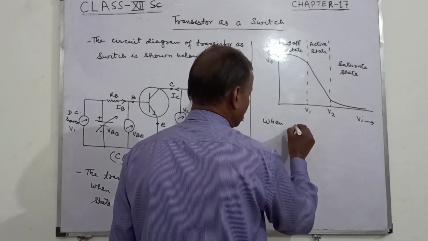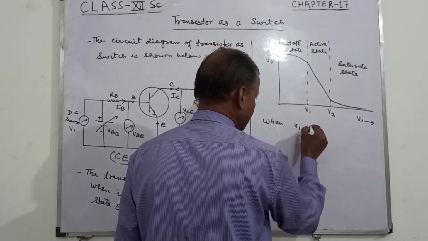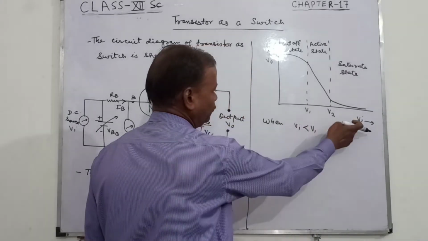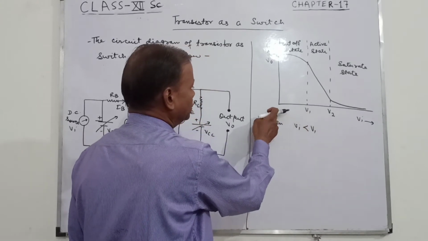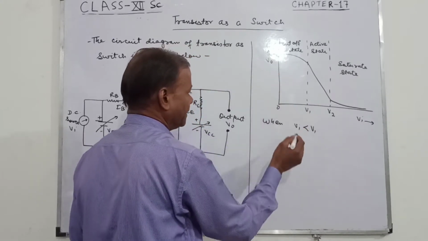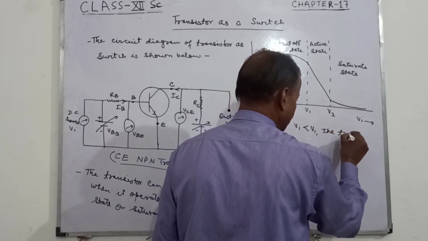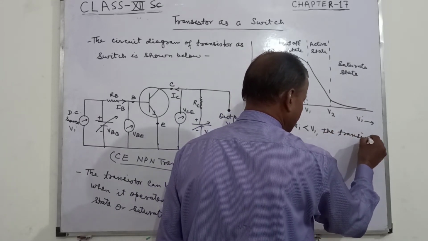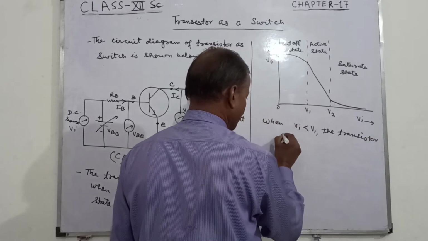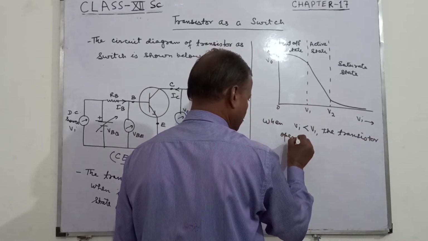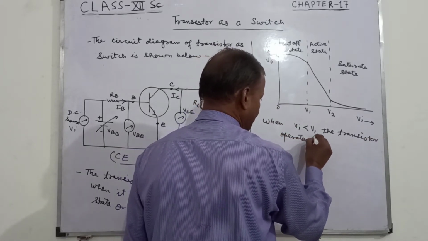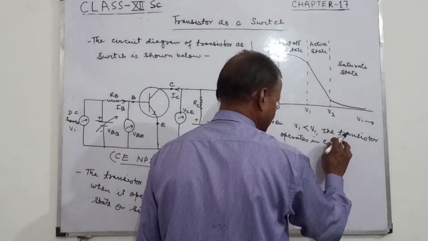When Vi is less than V1, the transistor operates in the cutoff state.